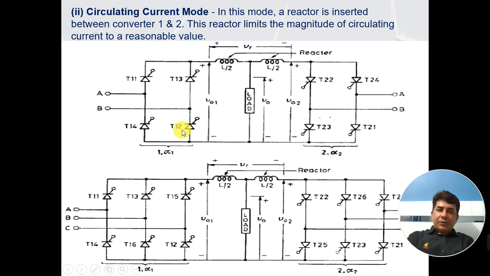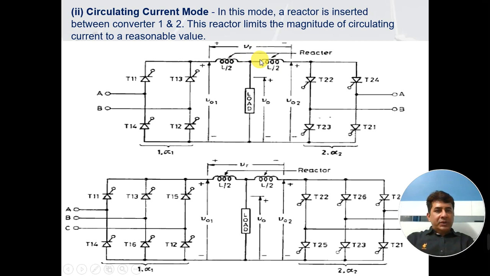Simultaneously means if this is fired at alpha 1, this will be fired at alpha 2, and the firing should be such that alpha 1 plus alpha 2 is equal to 180 degrees. But in this case, because of the difference in the instantaneous voltages, there will be a circulating current flowing between these two converters, and this circulating current can be regularized, minimized, or balanced with the help of these reactors.